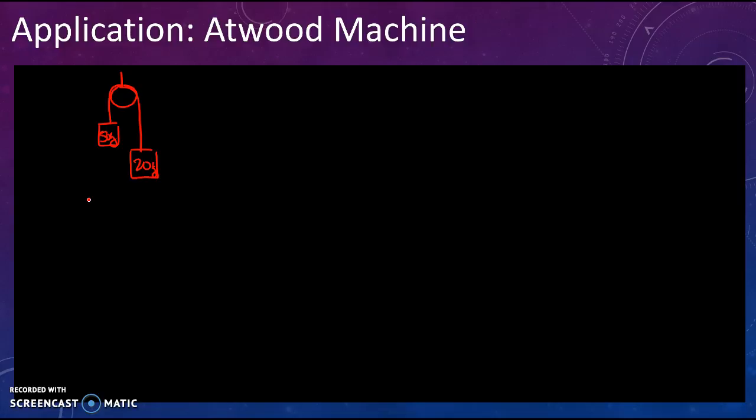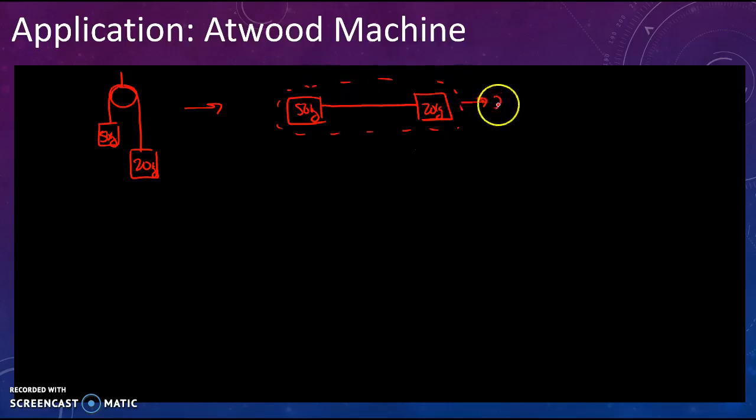There's a heavier block on one side, and if it's frictionless and massless, it's going to accelerate down this way. And so I reimagine this in terms of having these two blocks, the 20 kilogram block over here and the 50 kilogram block over here.